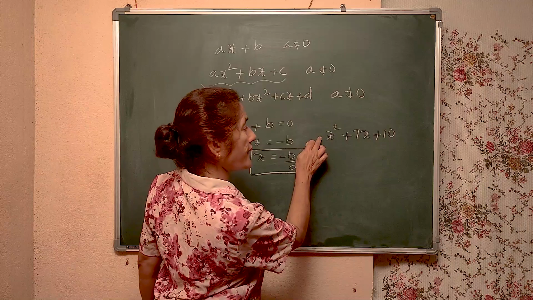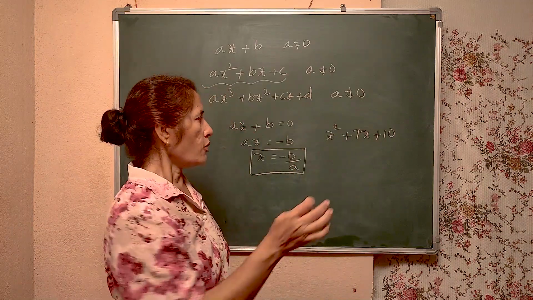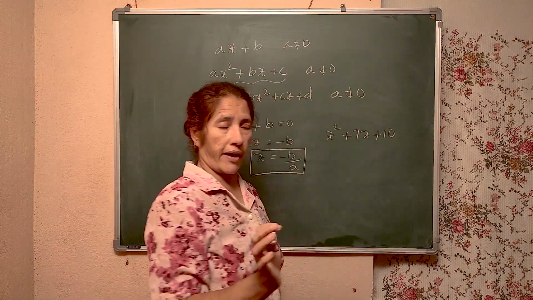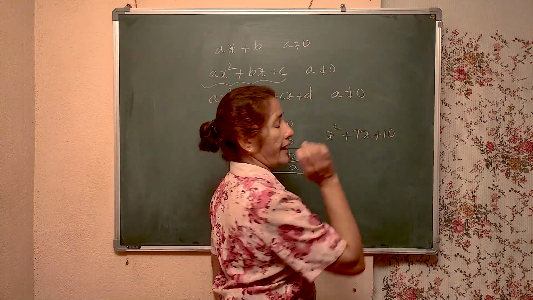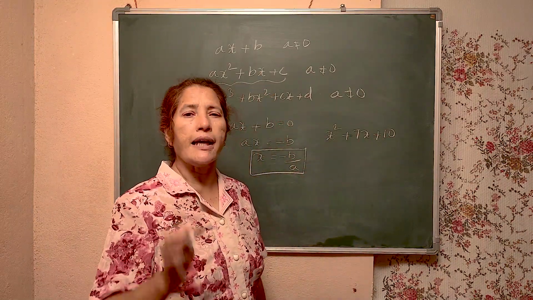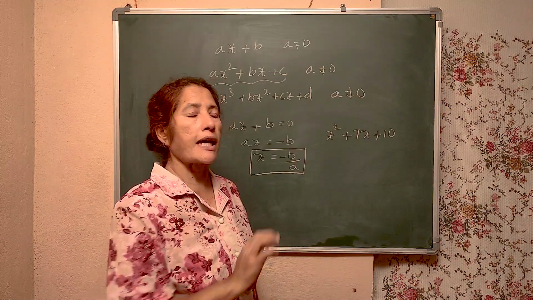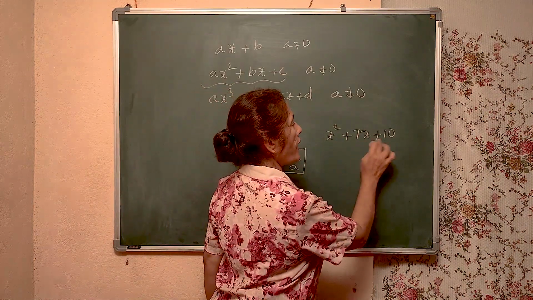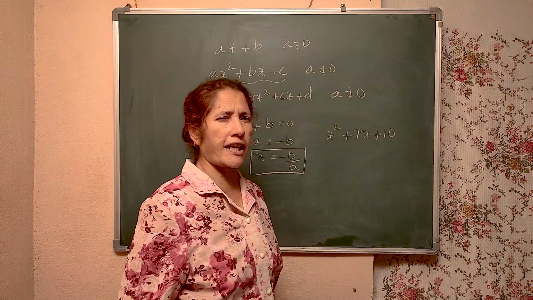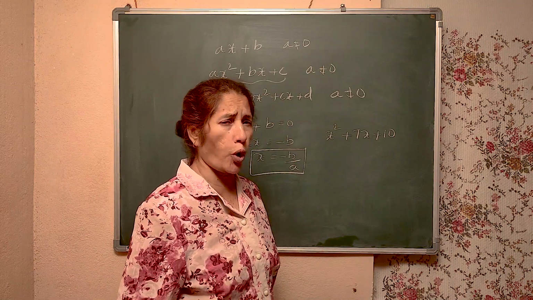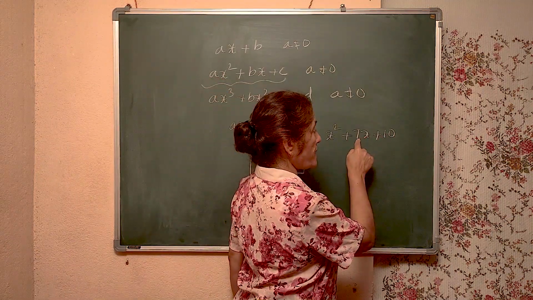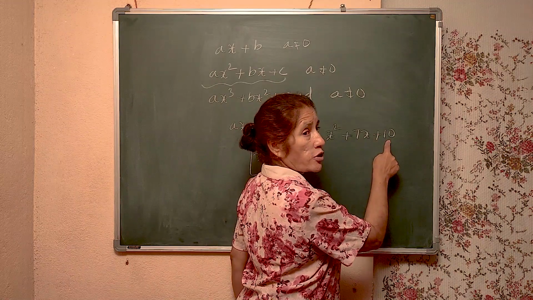What is the value of a here? 1. What is the value of b here? 7. What is the value of c here? 10. Now, let us find the zeros. How to find the zeros? I have to factorize this. In order to factorize, simple factorization, you know, the sum has to be 7 and the product has to be 10.